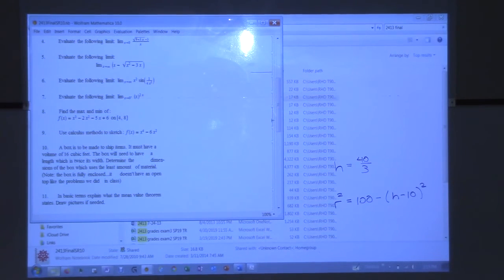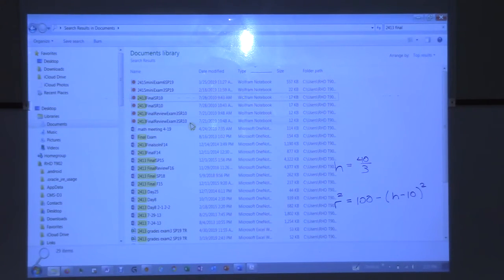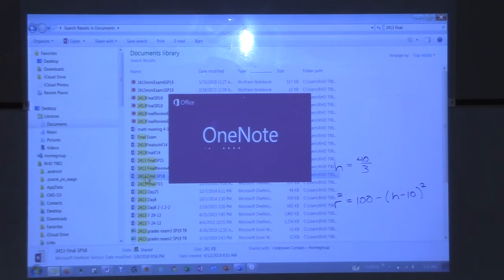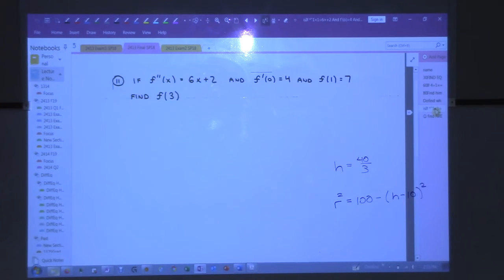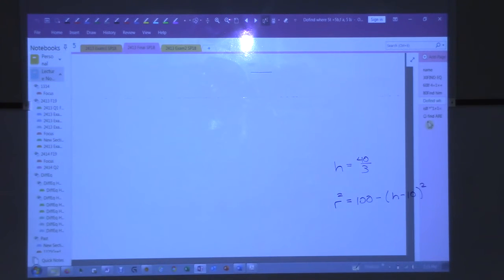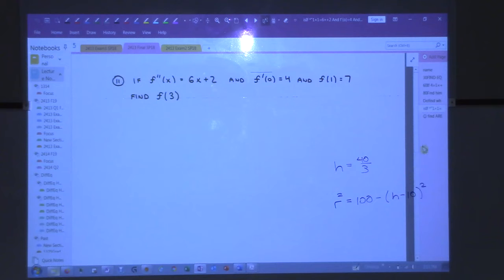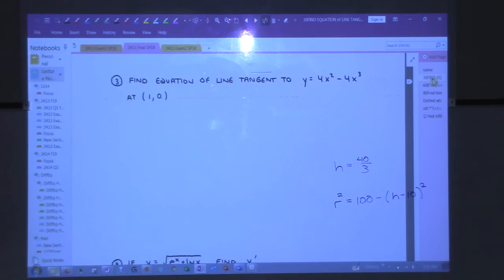Let me see if I can find another final. Here's one from spring 18. Let's see here. Find where function's decreasing. Where's my, what's that? Not posted?